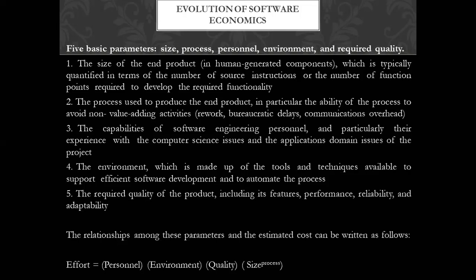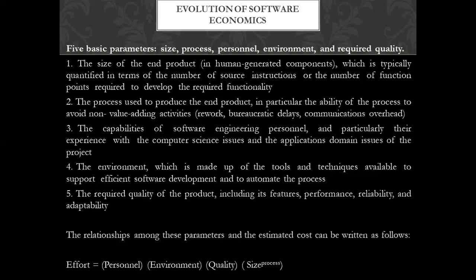model? Okay, fine. The significance, the utilization of the COCOMO model is cost estimation of the project. You have to estimate some of the things of the project, like how much effort we have to put in the project, how much time it will take. Those things are to be evaluated.